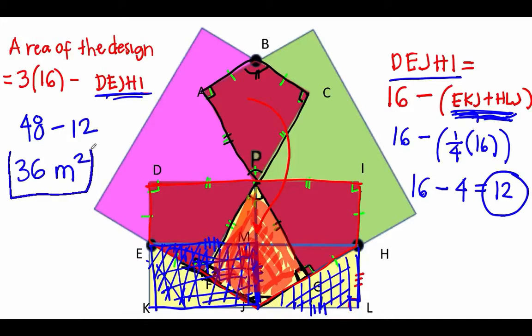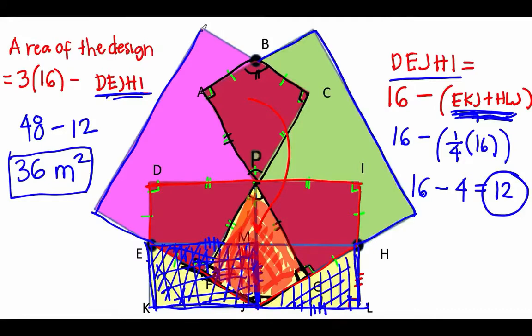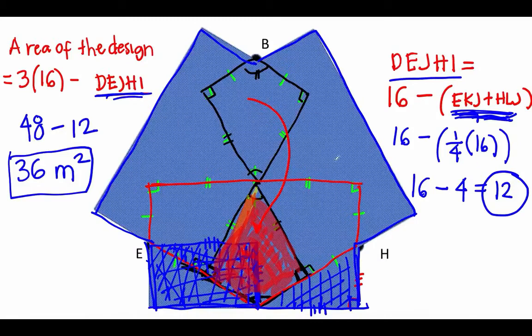So therefore, we have just computed that the area covered by the design, enclosing this design, must have an area of 36 meters squared. And that design now is this blue design. This is one way of solving this geometry challenge.